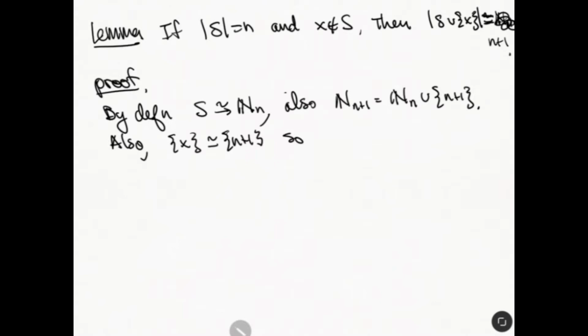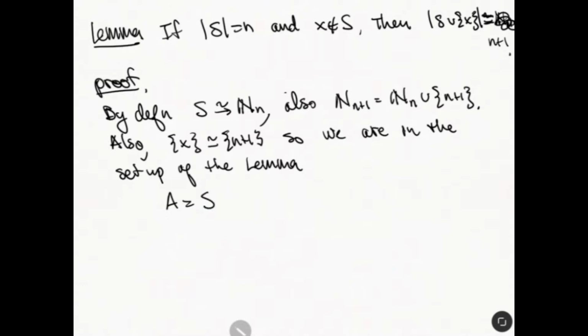So we have this, so we are in the setup of the lemma, the previous lemma. So A is, well, it's one of the things where we take the disjoint unions. A is equal to S, B is equal to X, C is equal to n sub n, and D is equal to n plus 1.